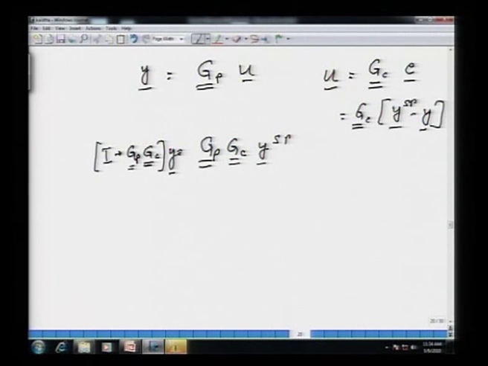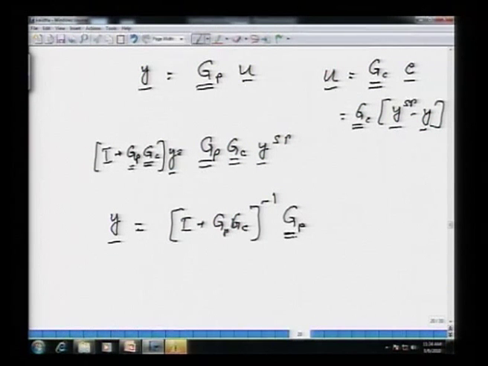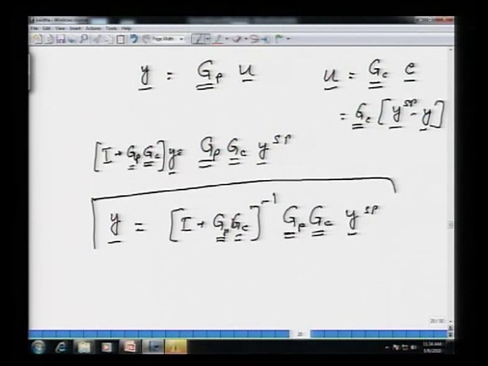And what that essentially means is y is equal to I plus GP GC inverse times GP GC times y set point.